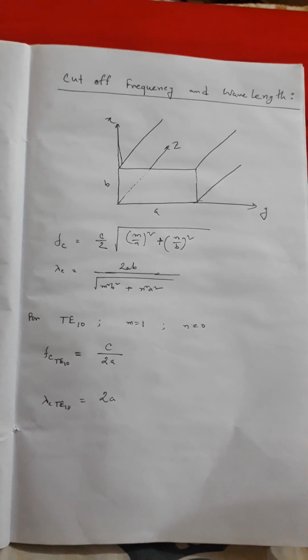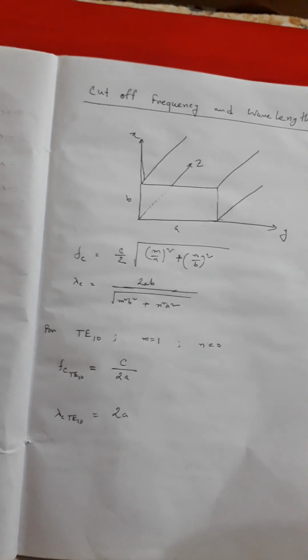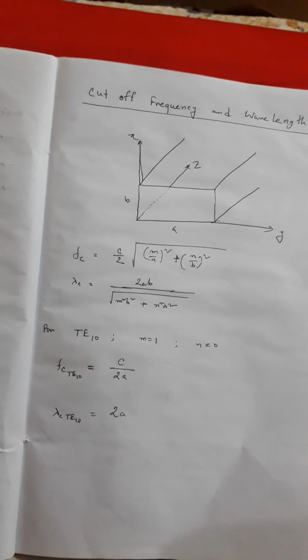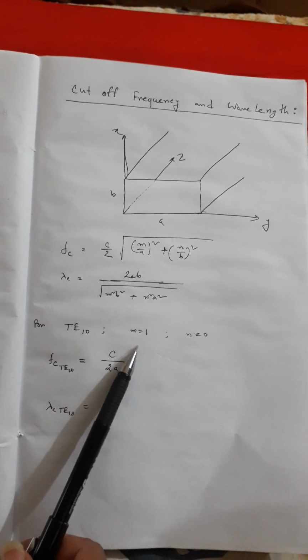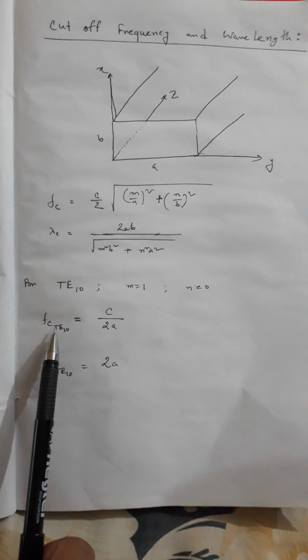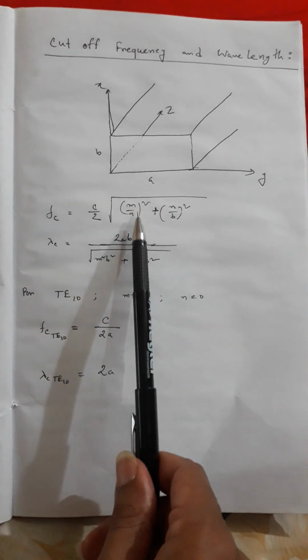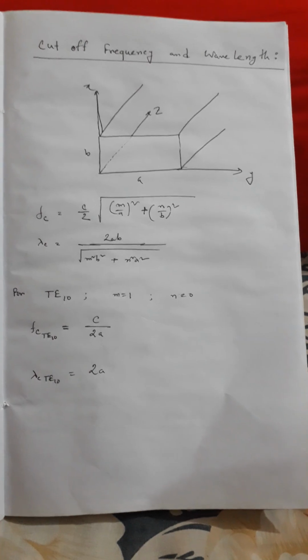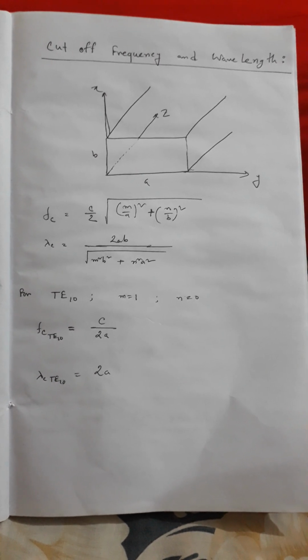In the previous page we talked about the dominant mode, which is TE10. So in TE10 we put m equal to 1 and n equal to 0, and we find that for the dominant mode the cutoff frequency is c divided by 2a, and the cutoff wavelength of the dominant mode is 2a.